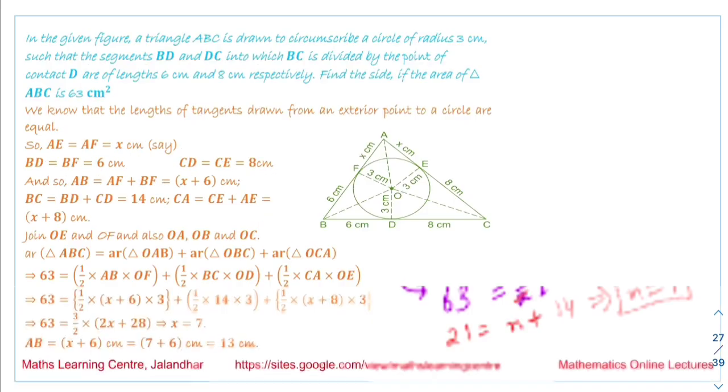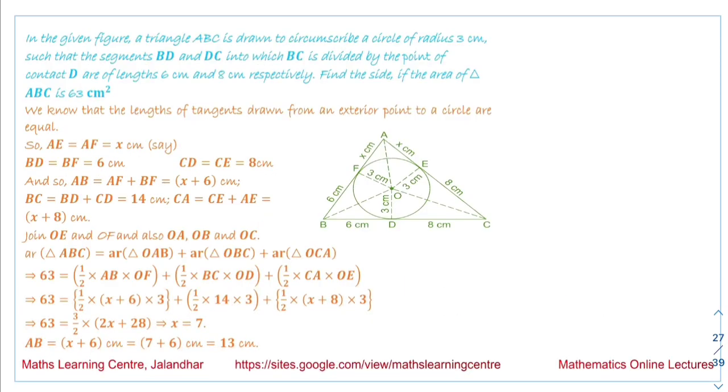Now next it is given that a triangle ABC is drawn to circumscribe a circle of radius 3 centimeters. So this is a circle given and a triangle is drawn to circumscribe this circle, and the segments BD and DC, we are saying BC is divided at these 2 points, where D is the point of contact with the circle, and the lengths of these segments are given to be 6 centimeter and 8 centimeter.